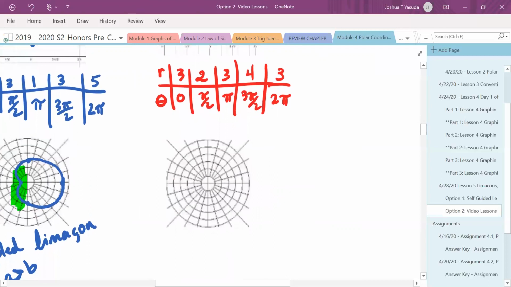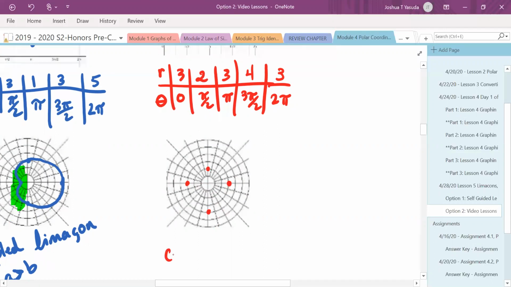So we're going to plot it 3, 0, 1, 2, 3. And then pi over 2 is 2. And then pi is 3. And then r comma theta 4, 1, 2, 3, 4. And then back to 2 pi.